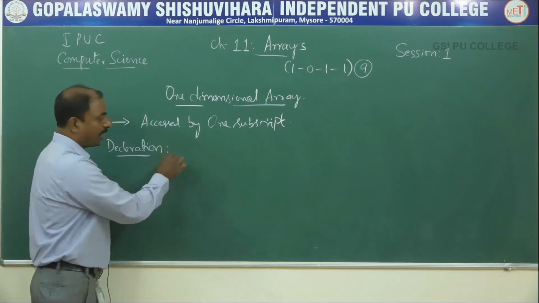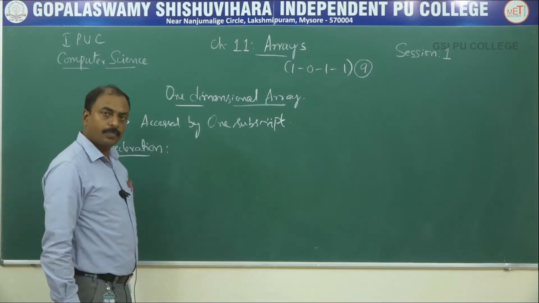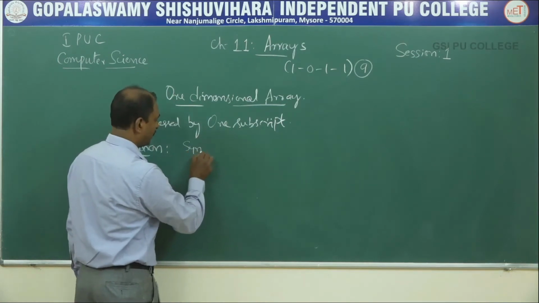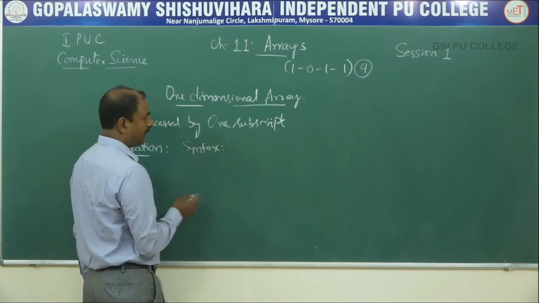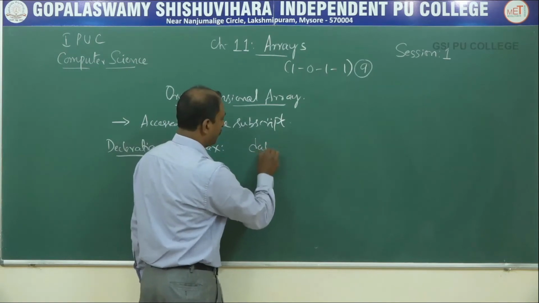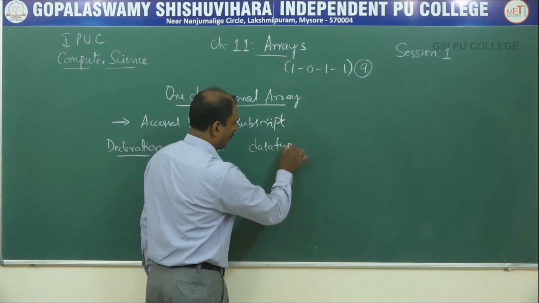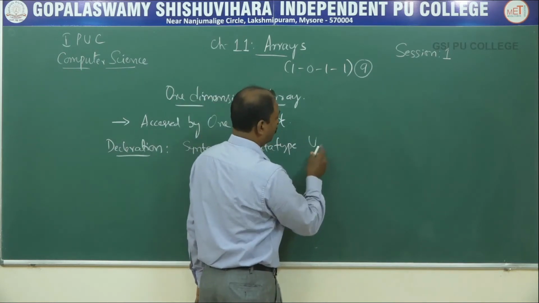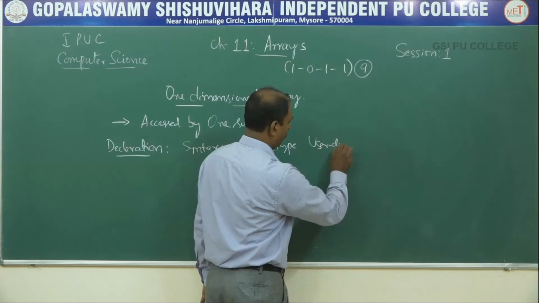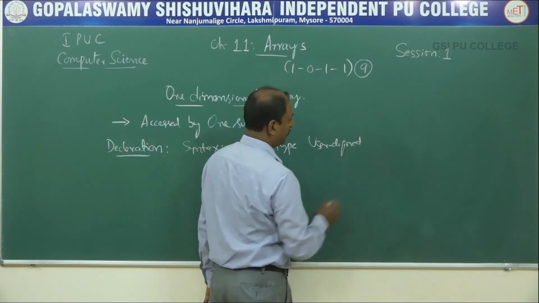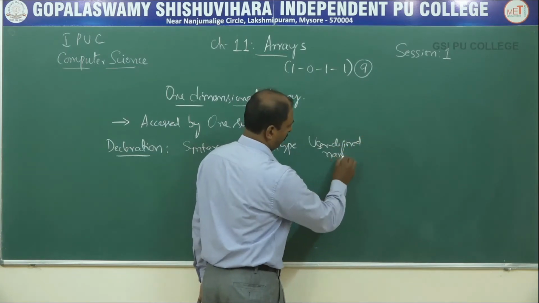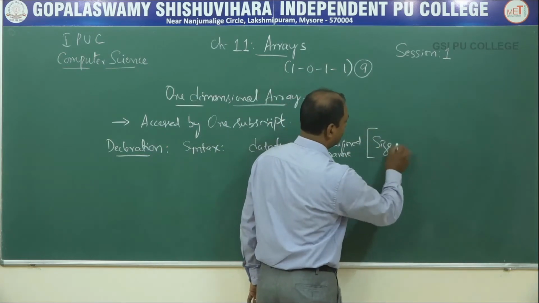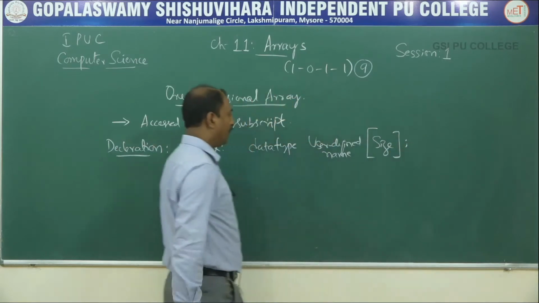Declaration of an array. How do we declare an array in programming? The syntax is data type, space, user defined name with brackets, size and semicolon.